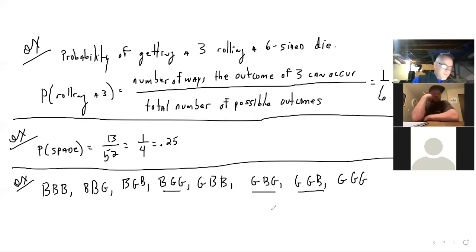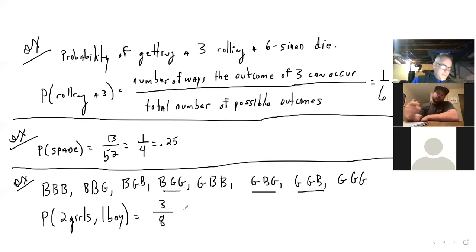So the probability that I randomly select a family with 3 children, where 2 of them are girls and 1 is a boy, is going to be 3 out of 8, which in decimal form does terminate: 0.375, 37.5%. Okay.